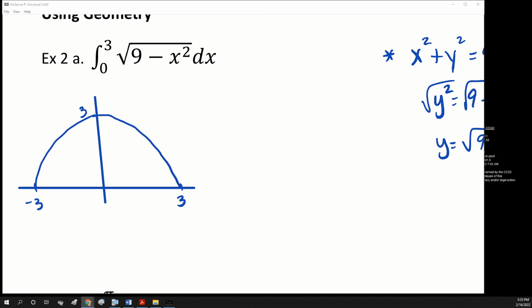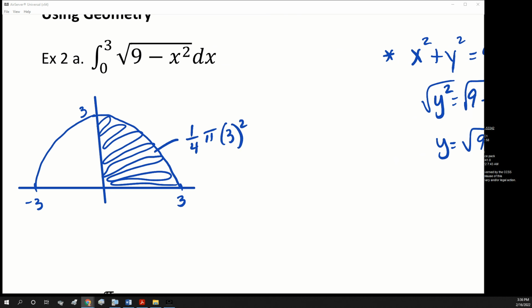It's close though. All right, and so we're wanting the integral from 0 to 3, so it's going to be this section right here. And so that technically is a quarter of a circle, so it's going to be a quarter of pi r squared. R is 3, and so that's going to be 9/4 pi. Is going to be the value of that integral.